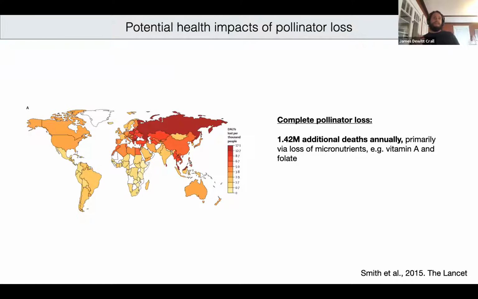It's vegetables, nuts, and fruits that are very micronutrient rich. And so there's been some really nice work recently trying to model out what would be the health impacts of, in this case, complete pollinator loss. We would anticipate that the changes in the food system associated with loss of pollinators would have really substantial impacts on human health across the globe.